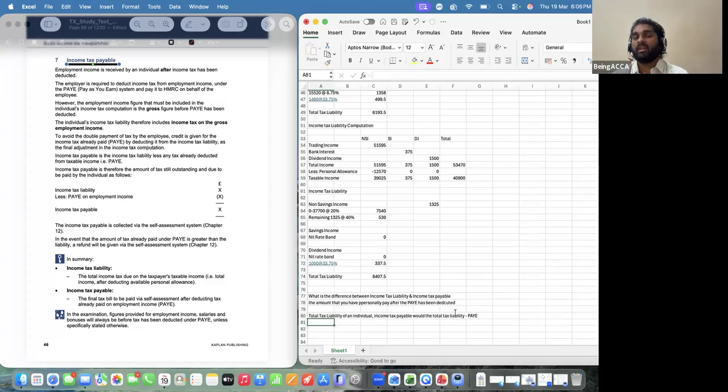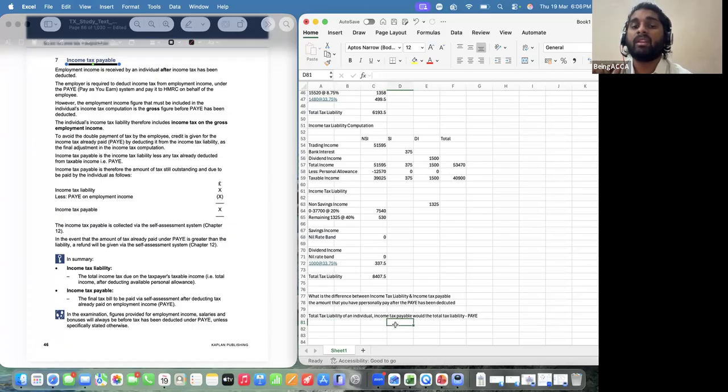Pay as you earn is a very simple concept. It is however much tax is already being paid through the employer to HMRC. Because if you don't do that, what will happen? You will calculate your total tax liability, which includes your employment income as well. And because of that, you'll get a total tax liability wherein it includes tax relating to the employment income. But tax relating to employment income is already being deducted from your payroll itself. So because of that, the tax might end up being paid twice.